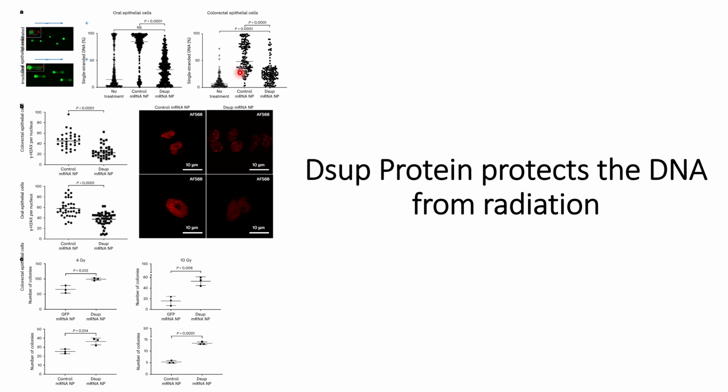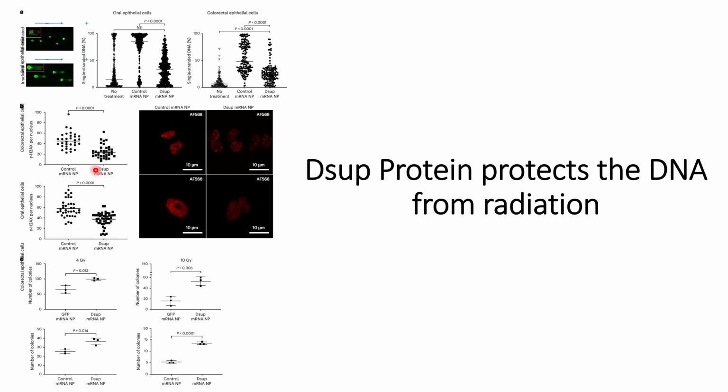And they also check the reverse thing, that is, they check whether Dsup proteins are able to prevent the damage to DNA or protect DNA cells or not. In order to check that, they use this dye, gamma H2AX, which is used to stain the damaged DNA.